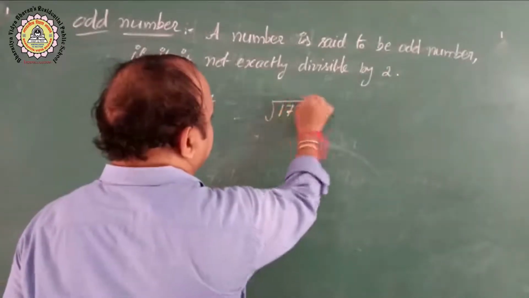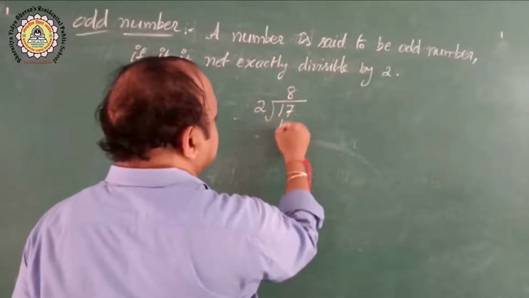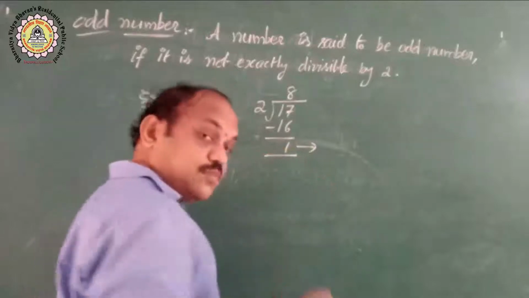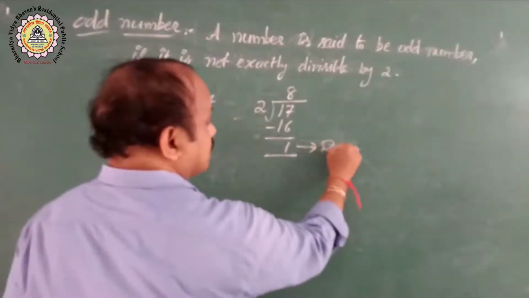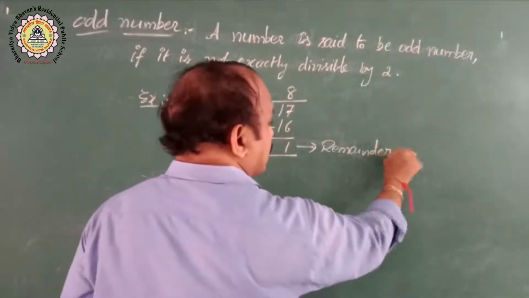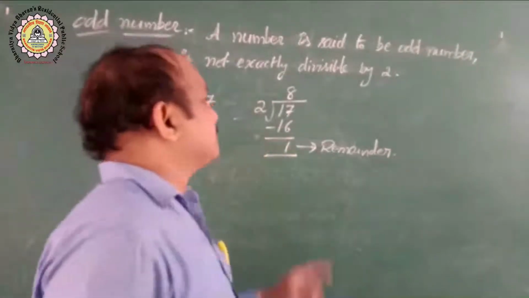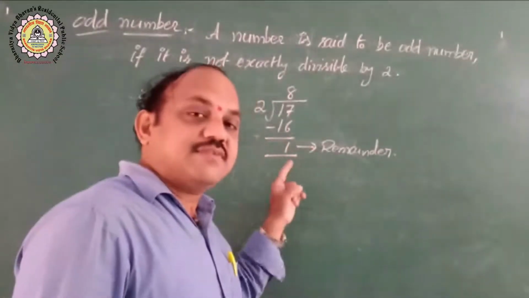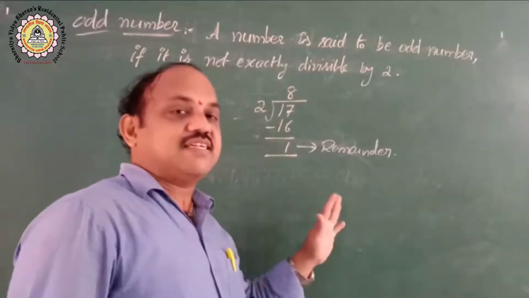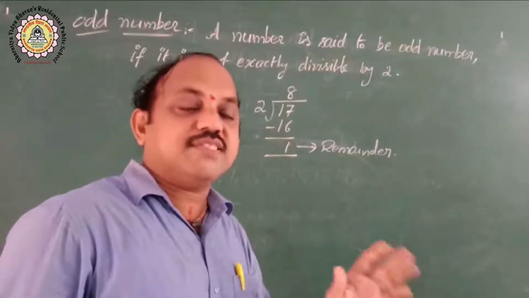So divide 17 by 2. 2 divide 17. How many times? 2 8s are 16. 17 minus 16 how much? 1. So 1 is the remainder. So that means it is not exactly divisible by 2. The number 17 is not exactly divisible by 2. Exactly divisible means we should get the remainder as 0.